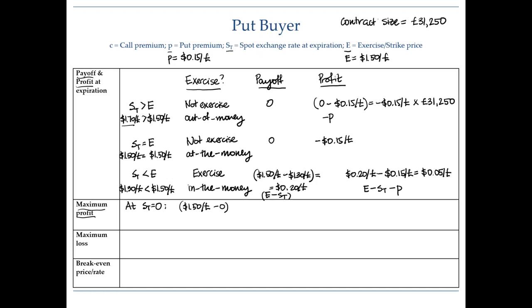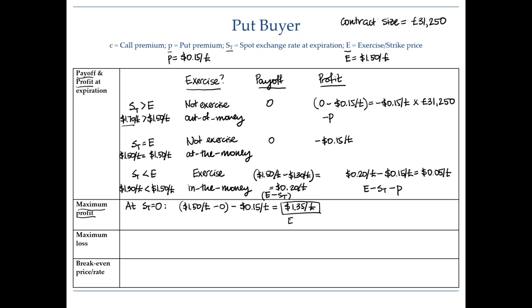So this is your payoff, and then let's subtract your premium of 15 cents per pound, and you get $1.35 per pound. So this is the maximum possible profit that you can make as a put option buyer on a per pound basis.